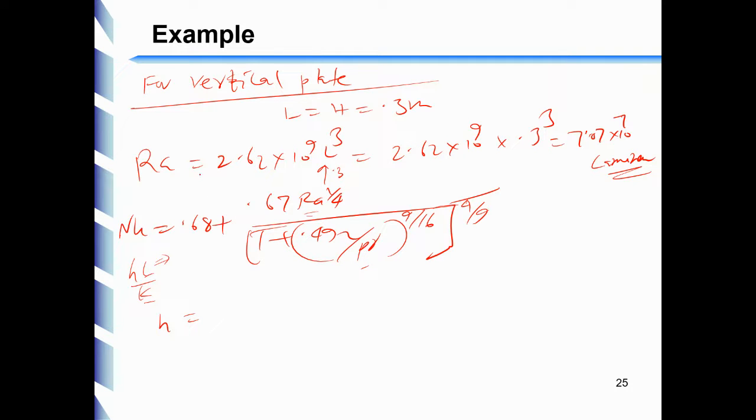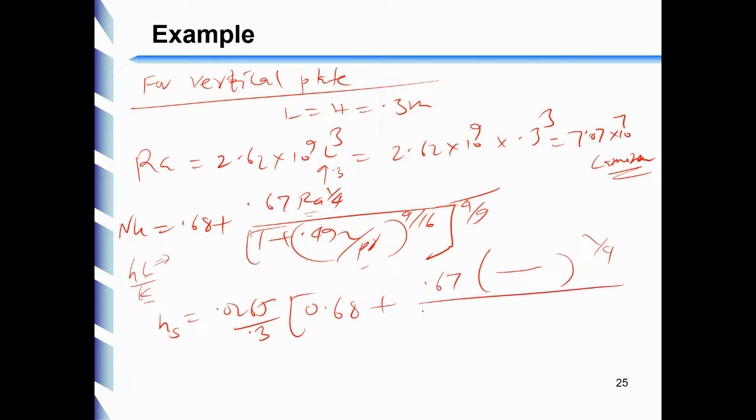And this is the vertical plate, so side. h_s equals 0.0265 divided by 0.3 times 0.68 plus 0.67 Ra^(1/4) divided by all of this to the power 4/9.